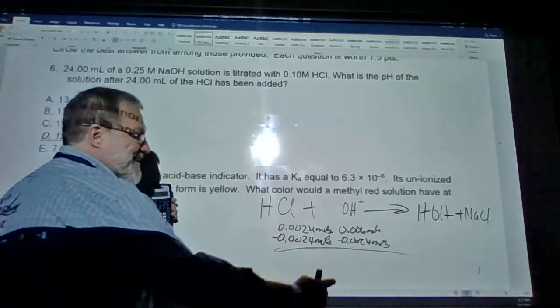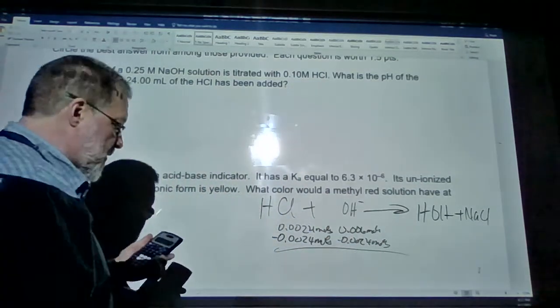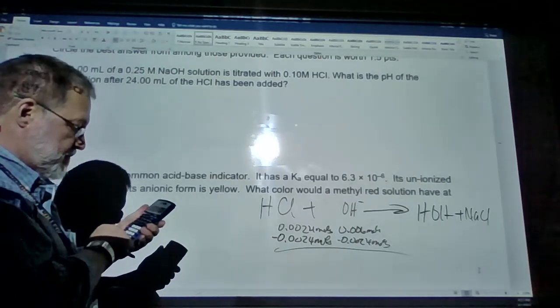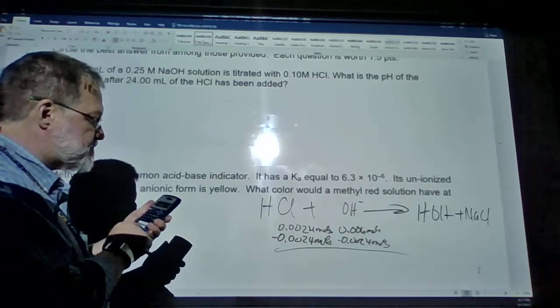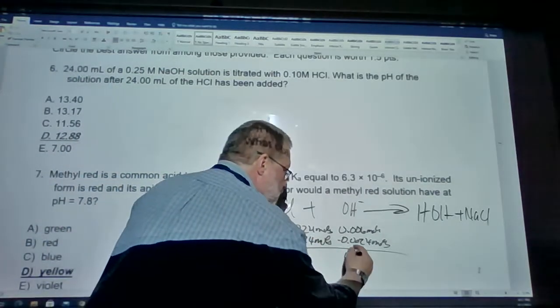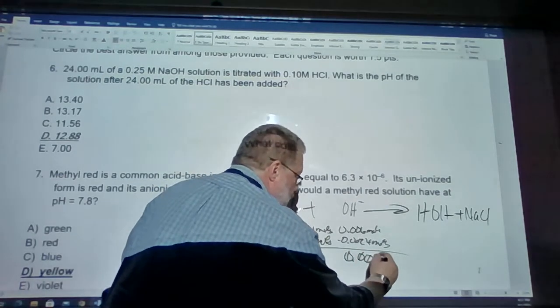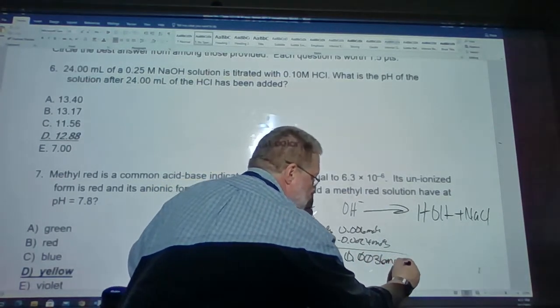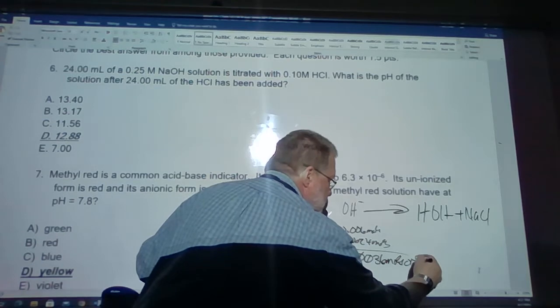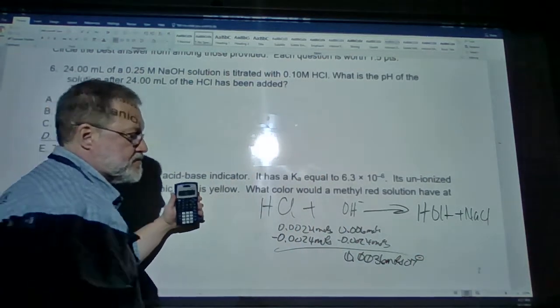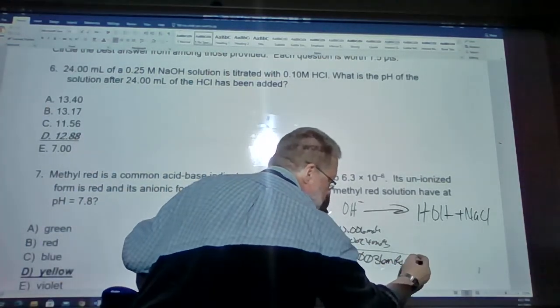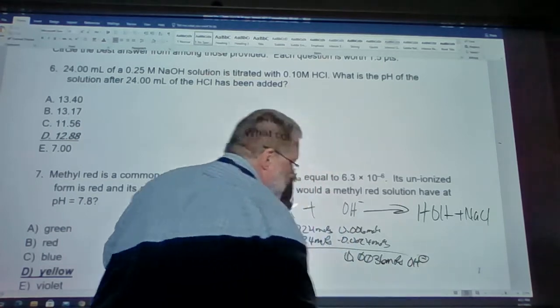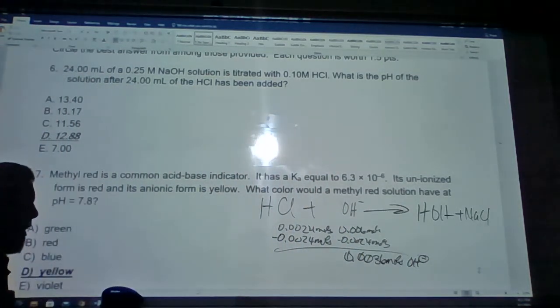So we have excess OH minus left over. We have 0.0036 moles of OH minus left over after the reaction.